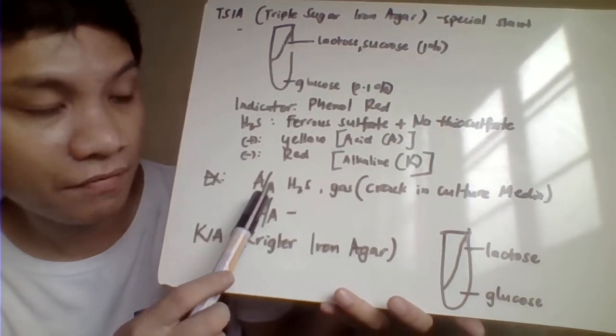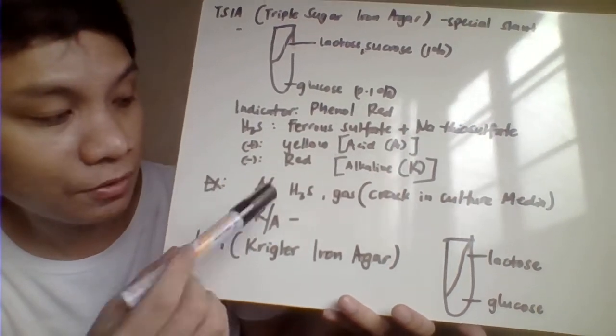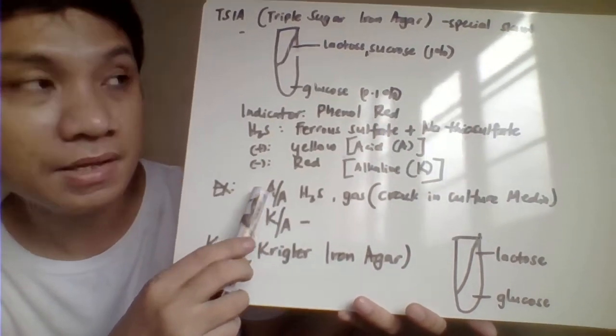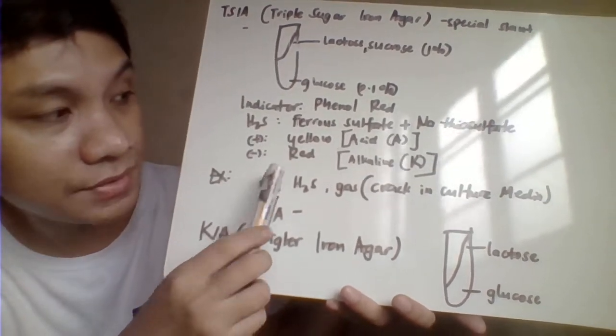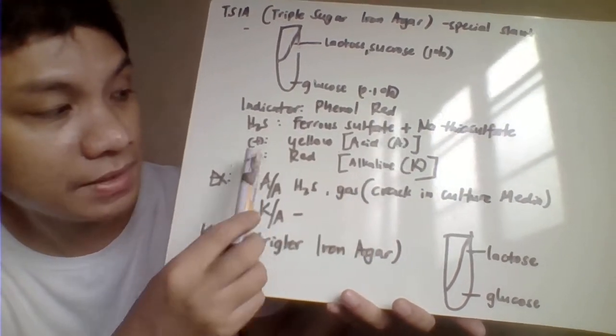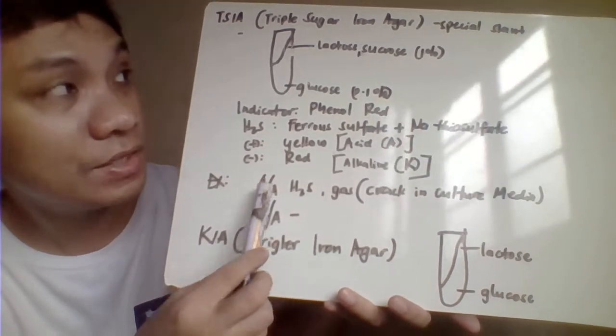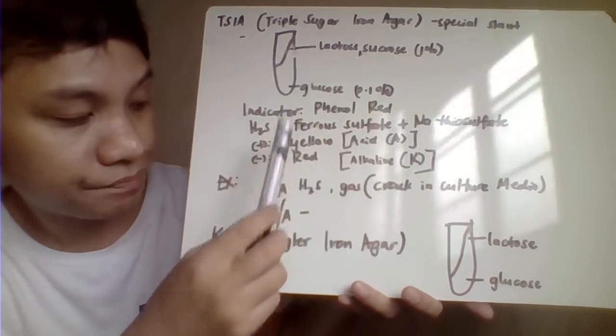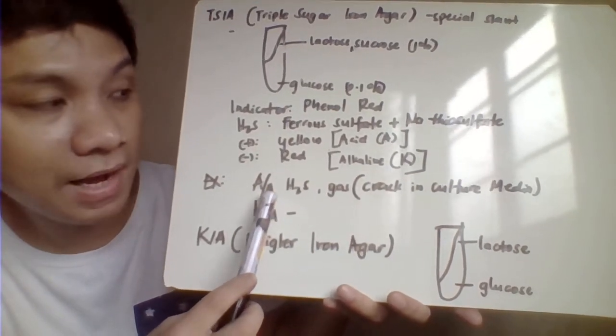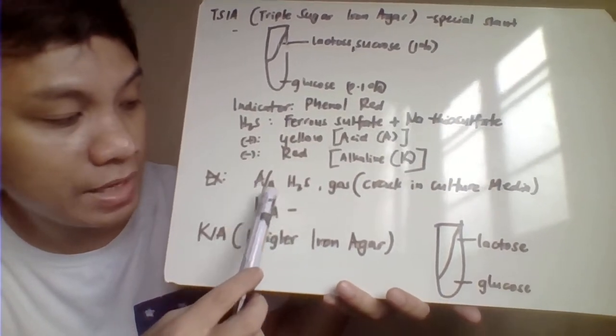First one, we have A over A. So A here represents the result of your slant area. Pag A ulit, that's your acid, meaning acid is positive. So pag acid siya, it tries to ferment lactose and sucrose. Sa baba naman A ulit, so yellow, yellow.